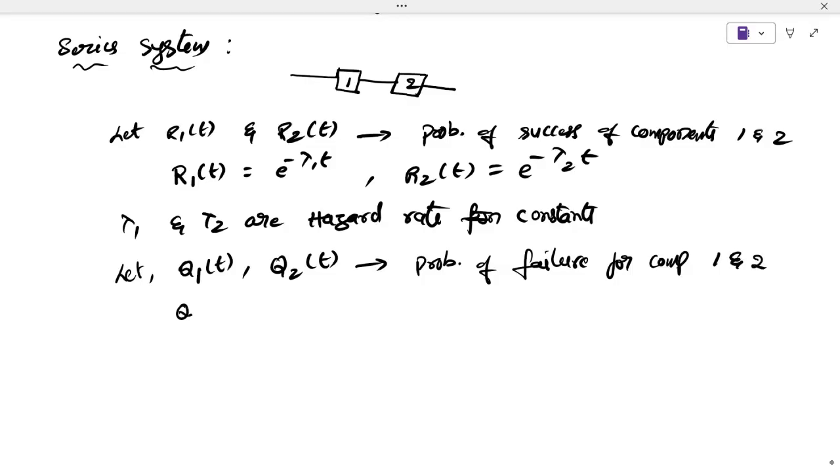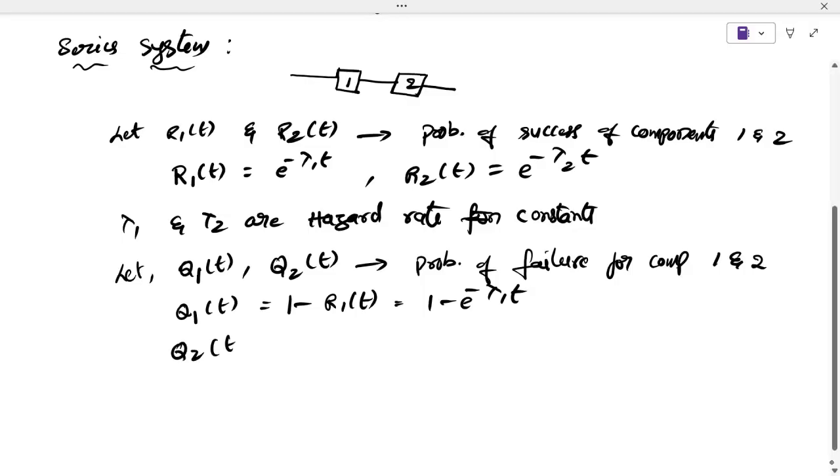So now what will be the q1 of t? That is equal to 1 minus R1 of t, that is equal to 1 minus e power minus lambda 1 t. Clear? Now q2 of t is equal to 1 minus R2 of t, that is equal to 1 minus e power minus lambda 2 t.